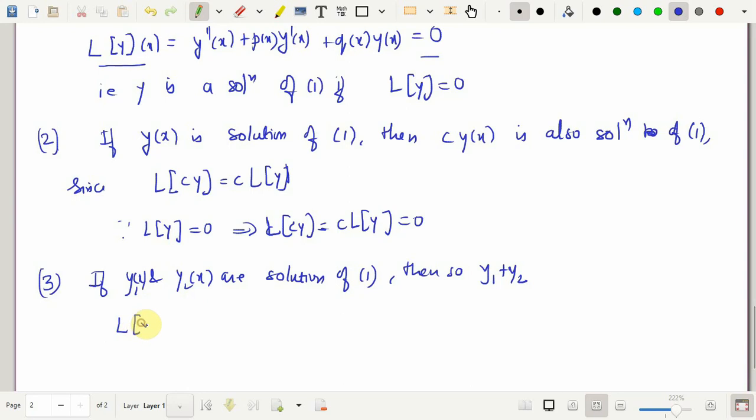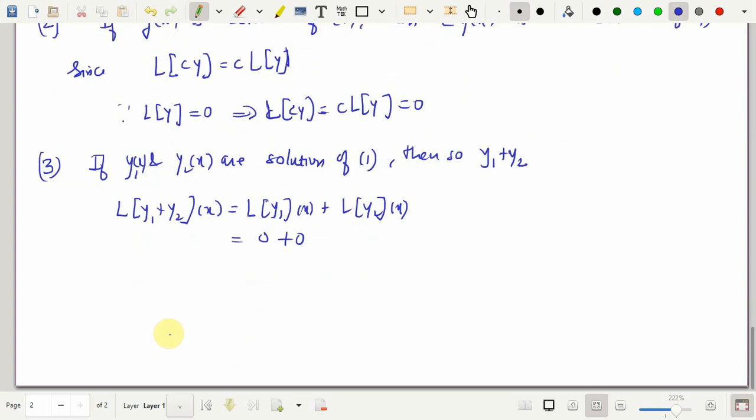If I can show that L of y1 plus y2 at a point is equal to 0, then y1 plus y2 is also a solution of the given differential equation. That is obviously true, because L of y1 plus y2 is nothing but L of y1 at x plus L of y2 at x, which is 0 plus 0, because y1 and y2 are solutions of 1, and so we prove that y1 plus y2 is also a solution of 1.